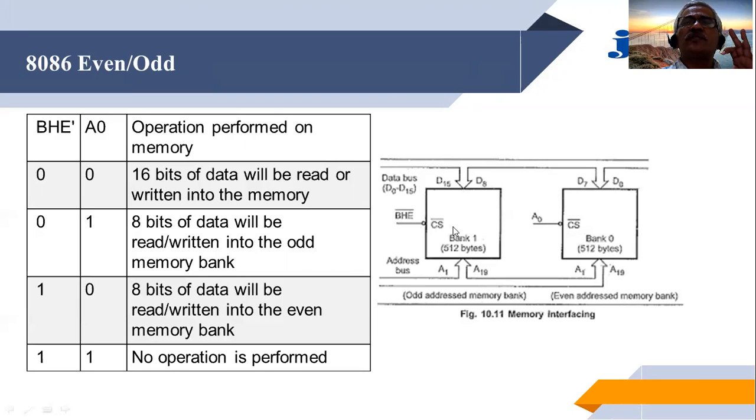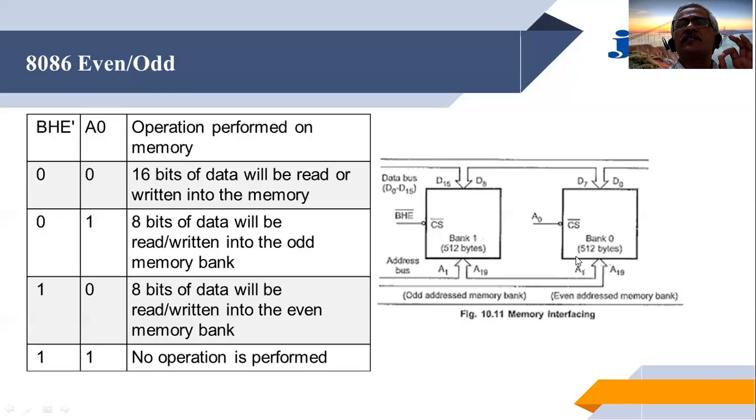So the use of A0 and BHE helps us in selecting either bank 0 or bank 1. When both the banks are selected, we can directly access 16 bits of data. When only the odd bank is selected, we will be able to access the 8 bits at that odd address. When bank 1 is selected, we can access the 8 bits or 1 byte which is at the even address.